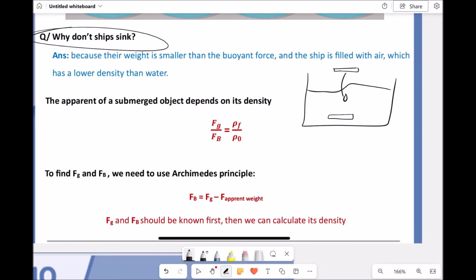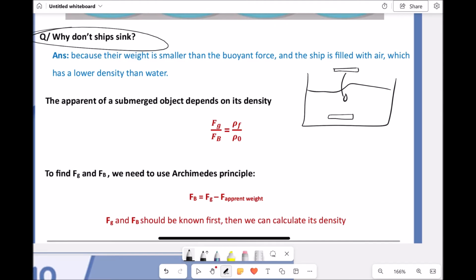Another factor that makes ships not sink is the air inside the ships. The ship is designed in a way that it has too much air inside it, okay? And as you know, air is less dense than water, so it's not going to sink. If you have a bottle which is empty, it's going to float on water.